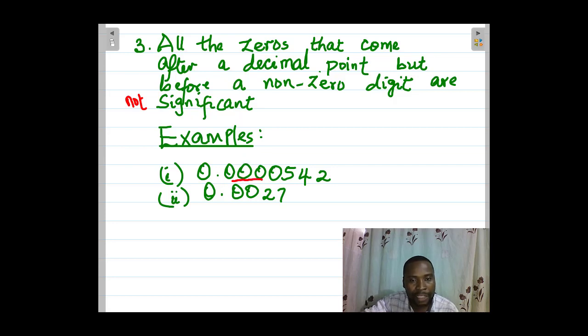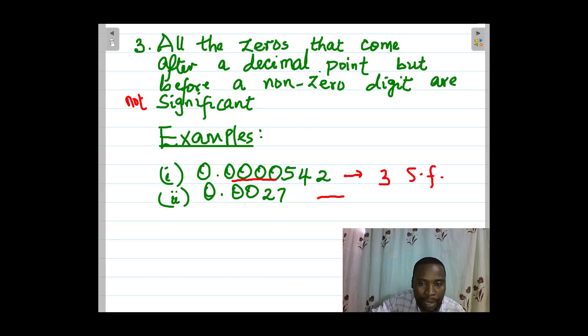They come after a decimal point, but before any non-zero digit, that is, there's no non-zero digit before them. Because of that, these 4 zeros here are not significant. So the only significant figures here are 5, 4, and 2. So how many significant figures do we have here? We have 3 significant figures here.